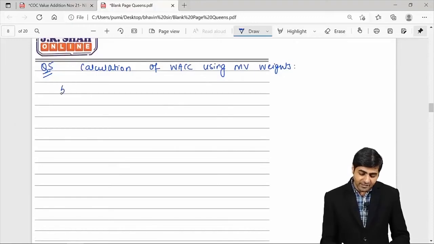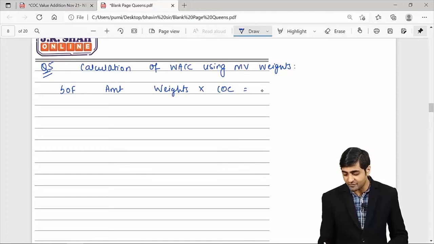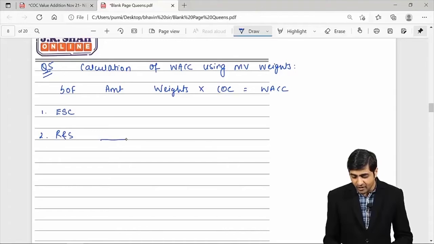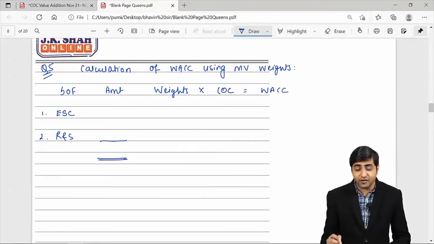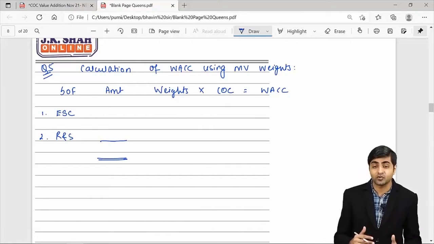So here we'll be considering sources of funds, amount, weights, and cost of capital, and if we multiply the weights by the cost of capital, we'll get the weighted average cost of capital. So here we'll be considering your equity share capital as well as your reserves and surplus. And guys, what will be the amount of the same? So we have to first find out the market value of equity and divide that in the book value proportions.